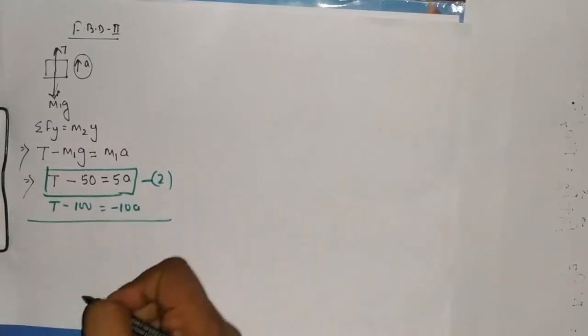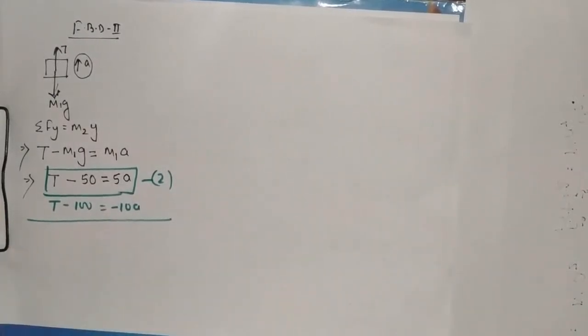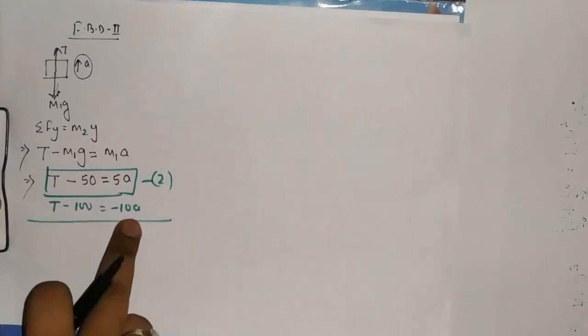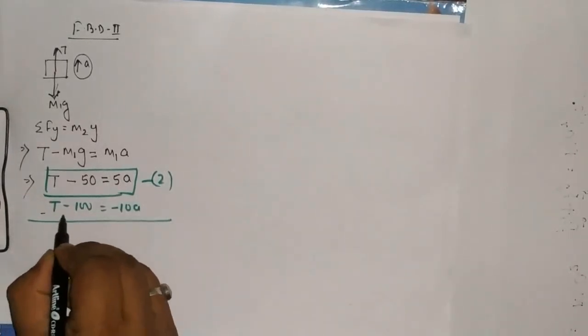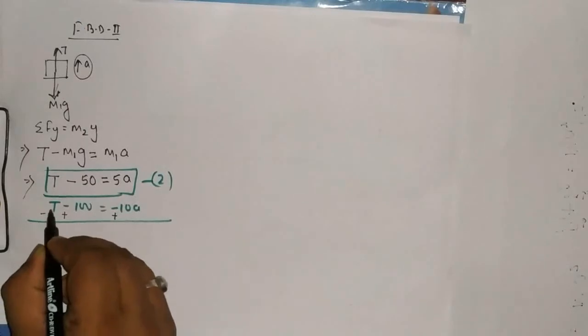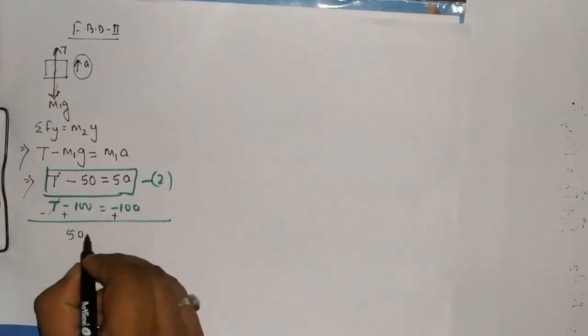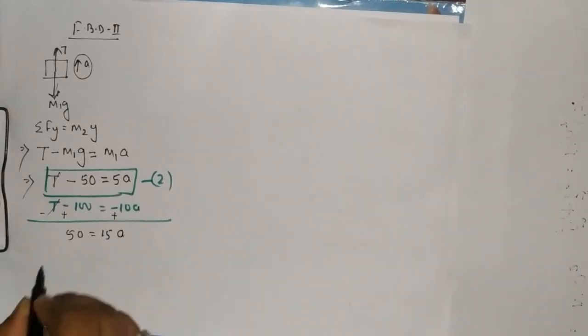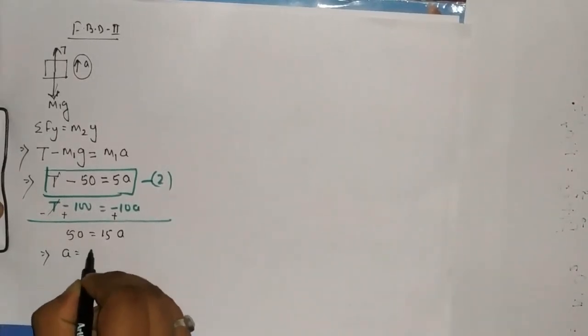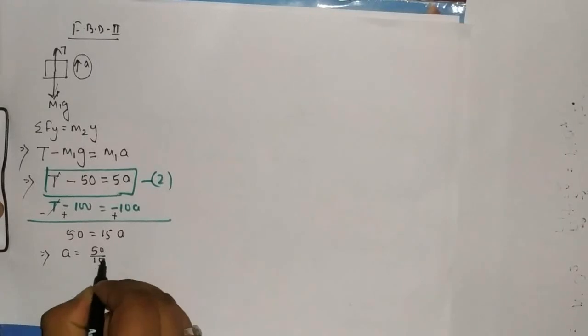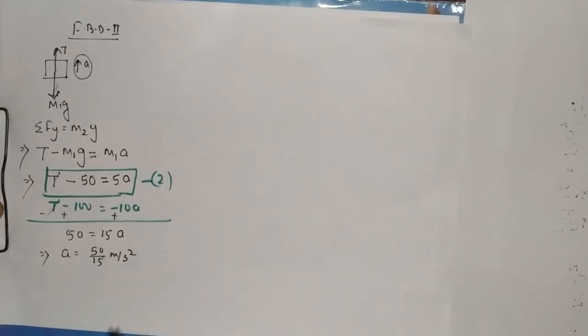Now you know how to solve it. Either I can eliminate T or I can eliminate A. Let us subtract it. So T will cancel. So this will be 50 equal to 15a. So I will get a is 50 by 15 meter per second square.